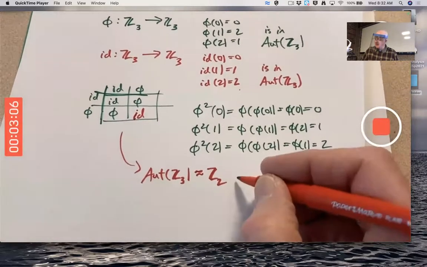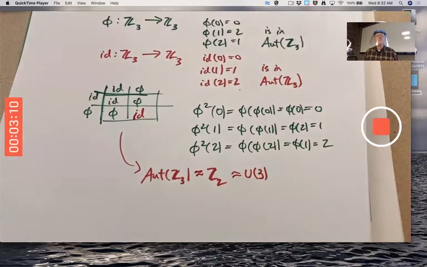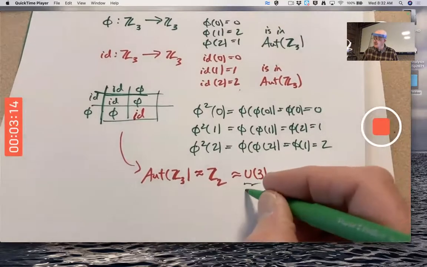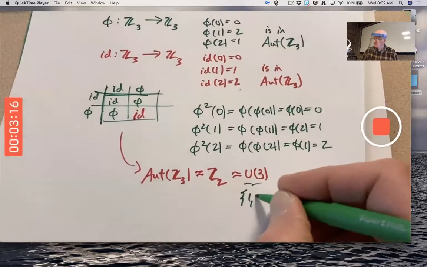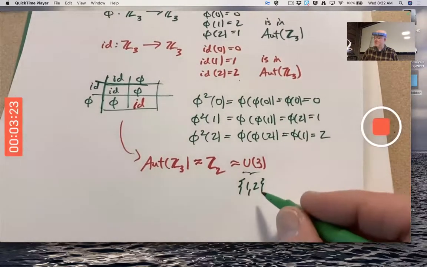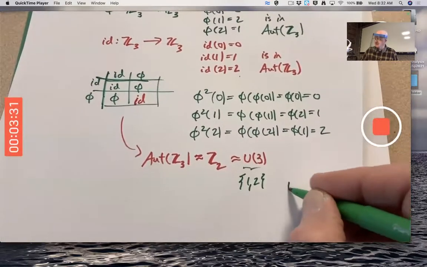which also does happen to be isomorphic to U of 3, the group of units under multiplication mod 3, positive integers less than 3 and relatively prime to 3, whose Cayley table looks like this.